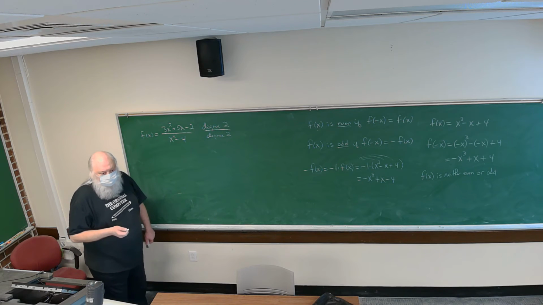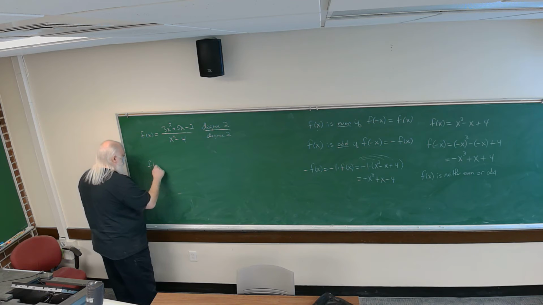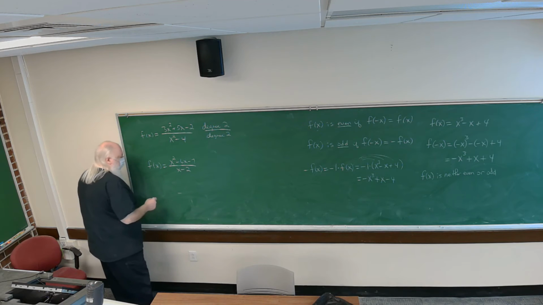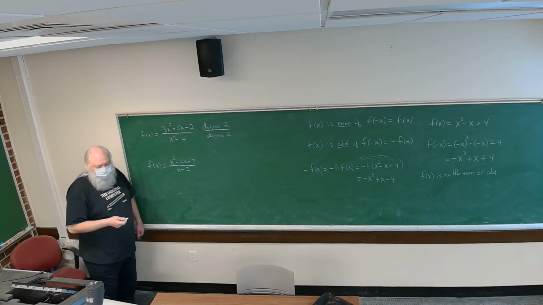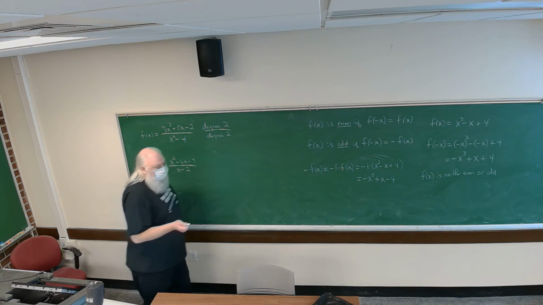I have an example. Okay. It's f of x equals x squared minus 6x minus 7 over x minus 2. Now this one, because the divisor is linear, you could actually use synthetic division in this case. So we'll do it both ways.